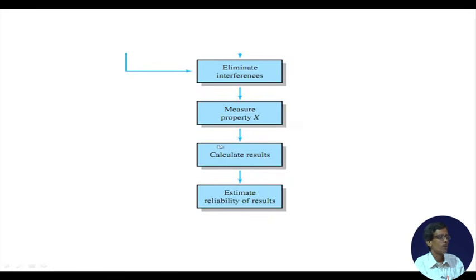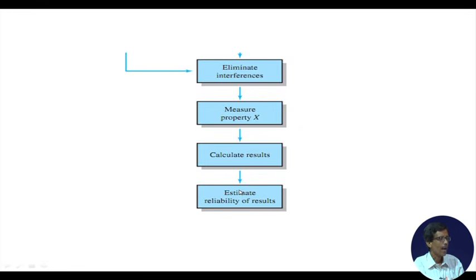We get the corresponding results in terms of the absorbances and in terms of the corresponding concentration of the nickel or any other element. So, we calculate the results, then we go for the estimation of the reliability of the results. That means the repeatability of these results.